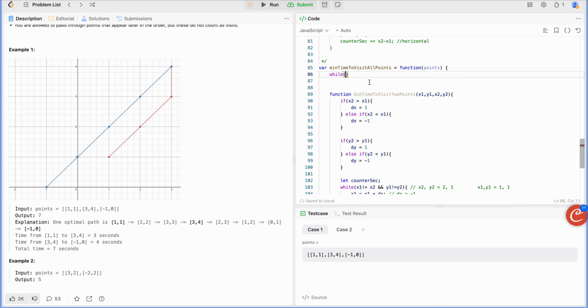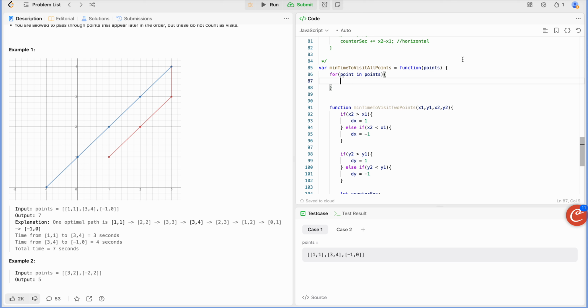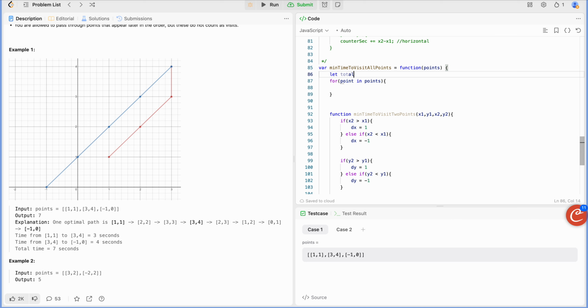While total is equal to 0 and points are 1, 1, 3, 4, right?